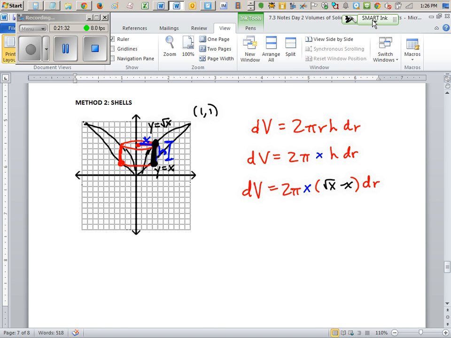So I'm going to go ahead and replace this with dx. dr is dx. If you don't believe me, just imagine which direction these shells are actually growing in, right? Every time you increase the radius a little, you're increasing the x a little. Okay, and therefore we can replace that with dx. So here it is, finally, truly one variable. I'm going to go ahead and distribute this. That's x to the 3/2 minus x squared.